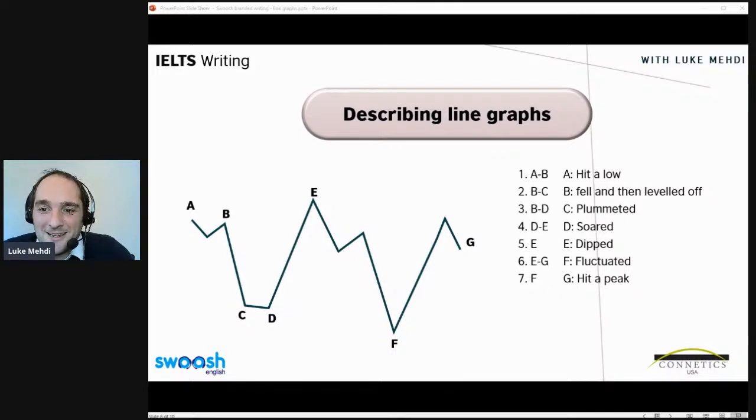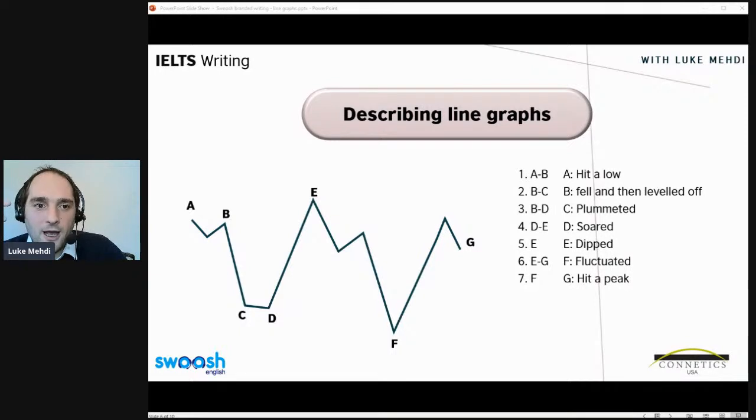Well done, Zab. Four. Everybody's rushing ahead a bit too far there. They haven't looked at number five. Make sure you do check number five. Yeah, good. Everybody's saying it, after I've told you to look at number five. So D to E is the point at which it hits the peak.